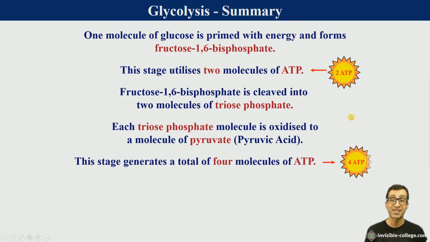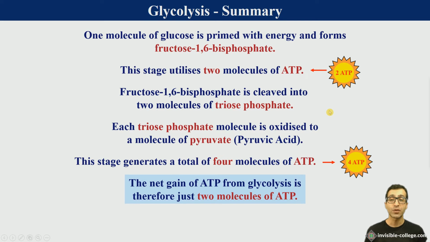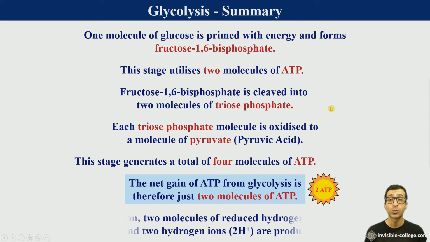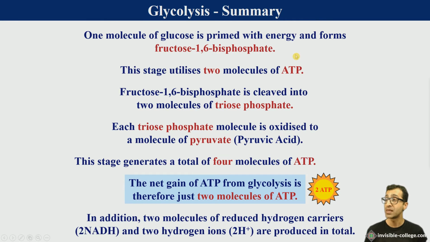Each triose phosphate is then oxidized to form a molecule of pyruvic acid, and this stage generates a total of 4 molecules of ATP. Now the net gain of ATP from glycolysis is therefore just 2 molecules of ATP, because we used up 2 molecules but we generated 4, so the net gain is 2 molecules of ATP per molecule of glucose that is used in this process.